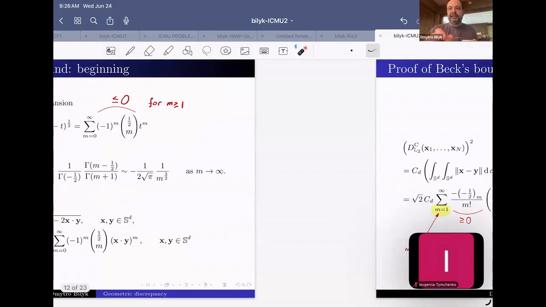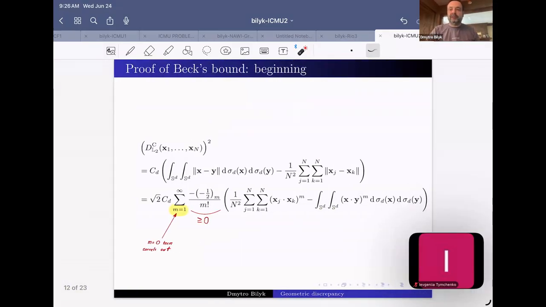As I promised, very simple calculus so far. Then we use the Stolarsky principle for the discrepancy. There is this constant floating around, but then we have the difference of the integral and the sum. Then we just plug in the Taylor expansion. Because the coefficients decay fast enough and the Taylor series converges absolutely, we can interchange integration and summation.